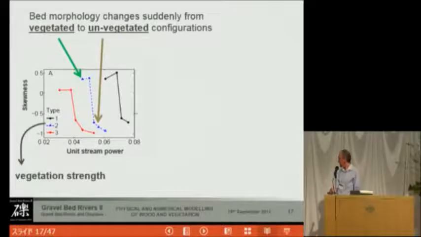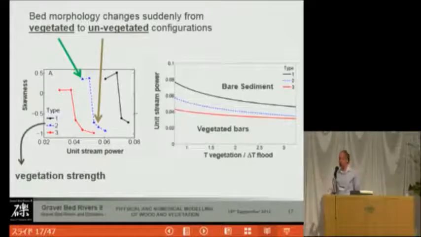And so at the end, you can build a diagram like this, where you put the unit stream power on one axis and the ratio between the vegetation growing time and the distance between floods. And you find, depending on the type of vegetation that you consider, 2 areas where you have bare sediments or vegetated bars.